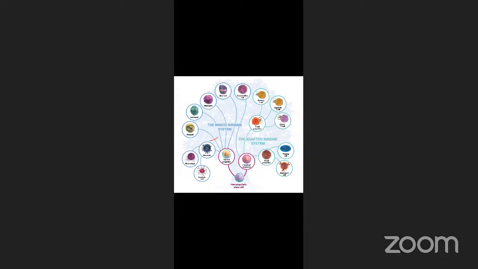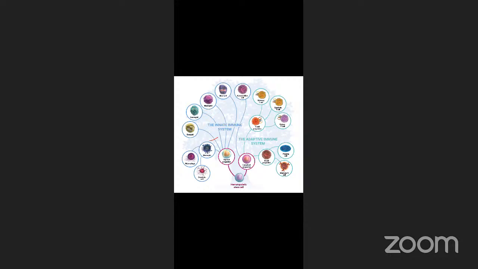B cells are especially produced in the bone marrow from lymphoid progenitor cells, and protect against extracellular microbes. These cells protect against extracellular microbes, not intracellular microbes. From the extracellular microbes, B cells will protect.